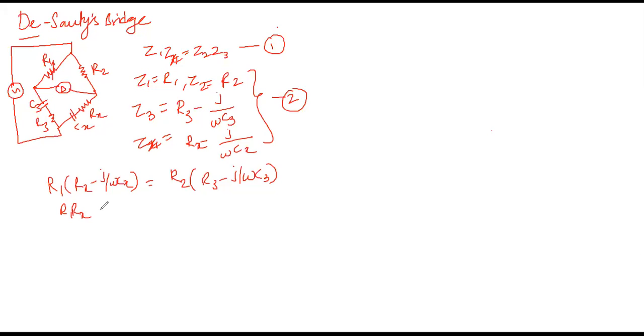R1 Rx minus R1 j divided by omega Cx is equal to R2 R3 minus R2 j divided by omega C3.